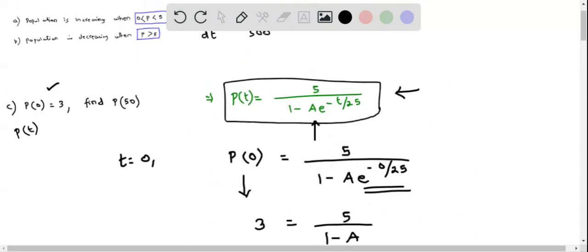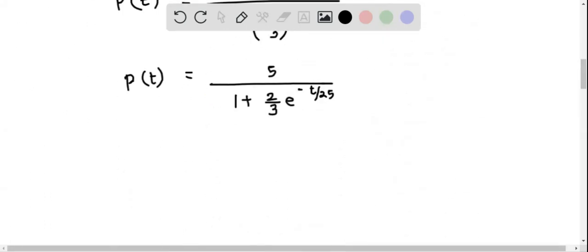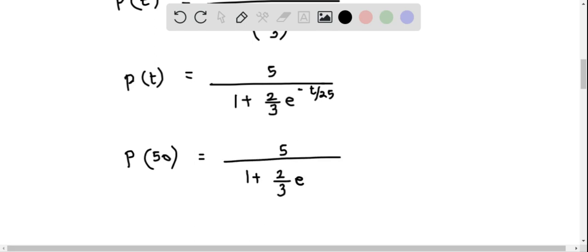Now we have to determine p of 50. We have to plug in t equal to 50 and find the population when t equals 50. So we get p of 50, and this equals 5 divided by 1 plus 2 thirds e raised to the power of negative 50 divided by 25.